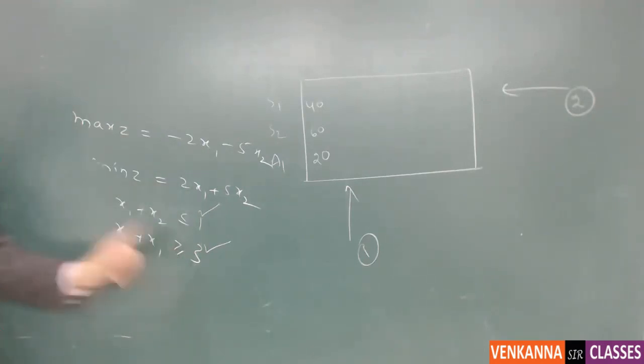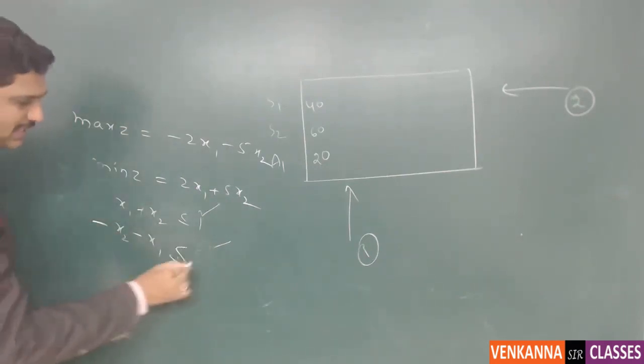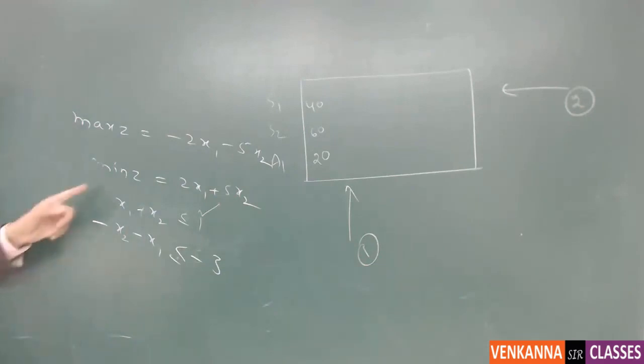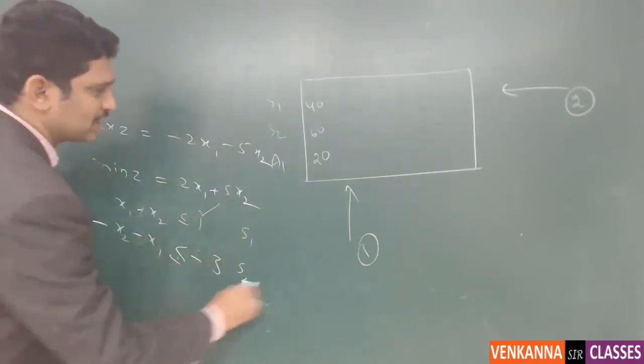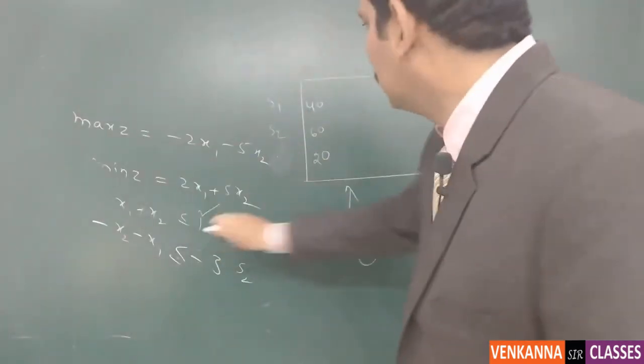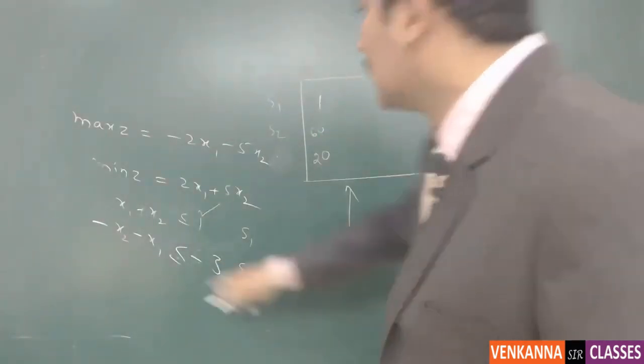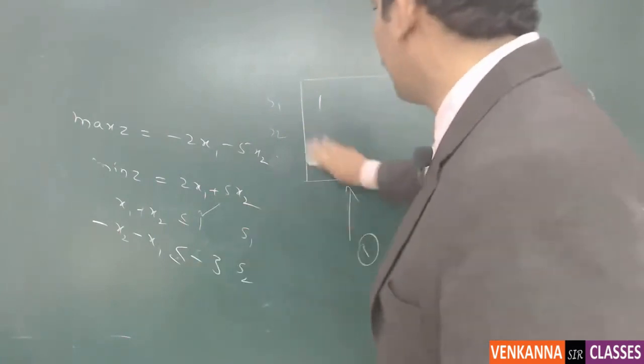Since this is greater than or equal to, you multiply with -1, it becomes minus x2 minus x1 is less than or equal to -3. Since you have two inequalities, you have two slack variables, s1 and s2. For s1, the solution will be 1 here, and for s2, the solution will be -3 here.